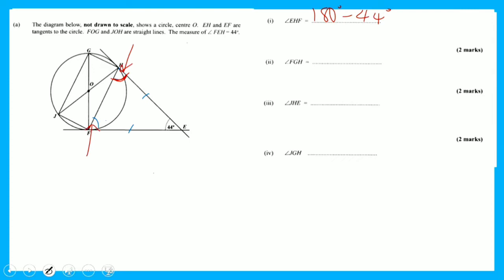You can stop and work it out first, or you can just put a bracket to show that you're going to divide that answer by 2. 180 minus 44 will give us 136. And once you divide that by 2, we will get 68 degrees.